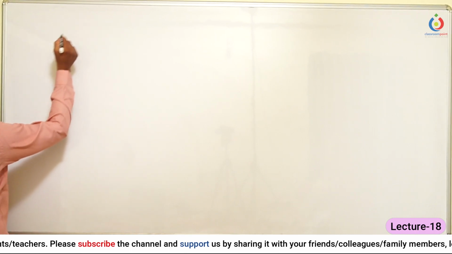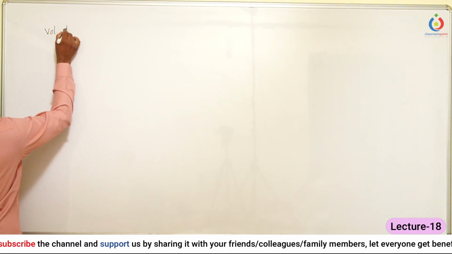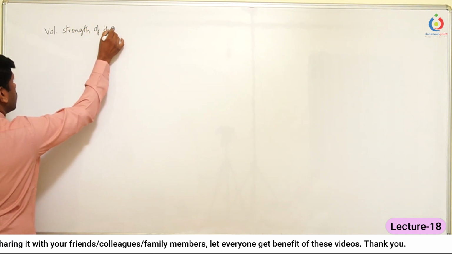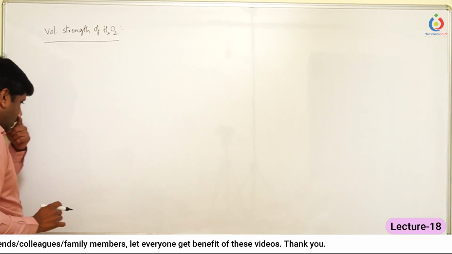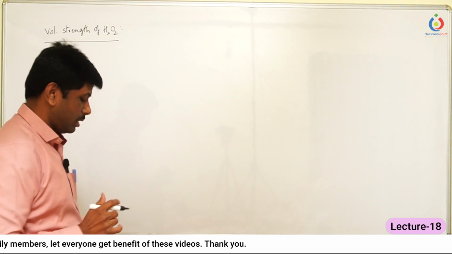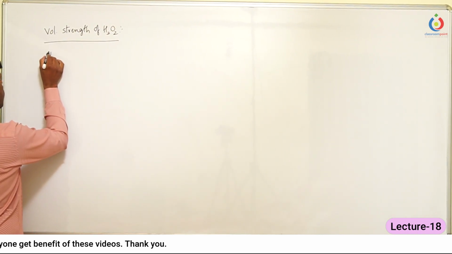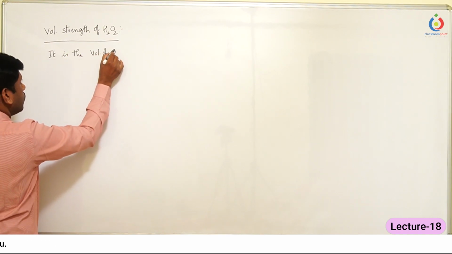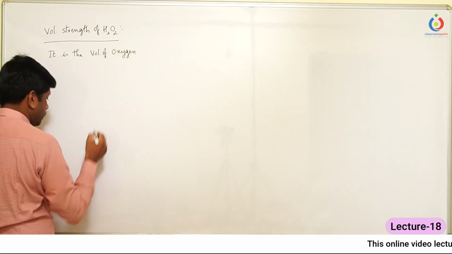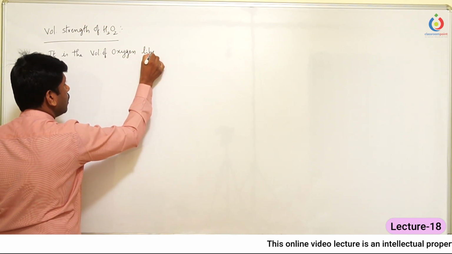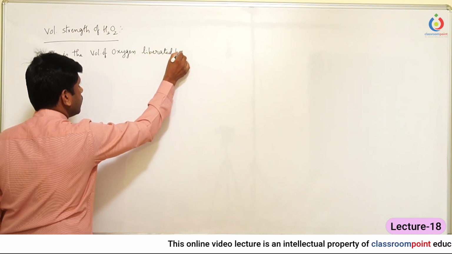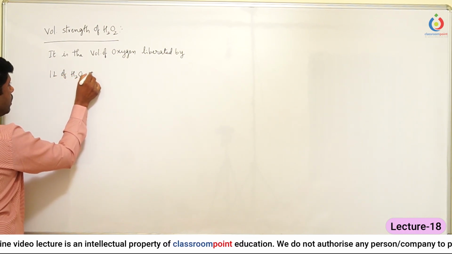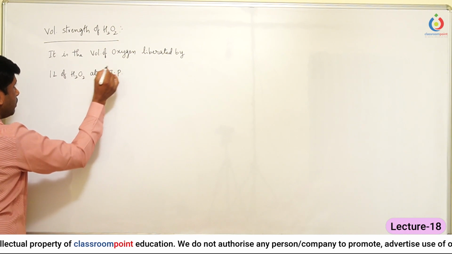Volume strength of hydrogen peroxide. So the definition of the volume strength of hydrogen peroxide is the volume of oxygen liberated by 1 liter of hydrogen peroxide at STP.